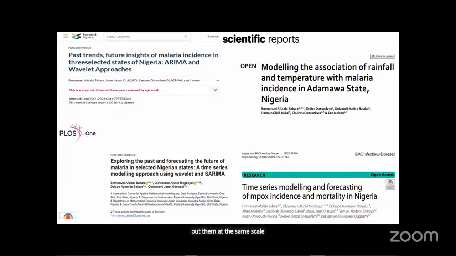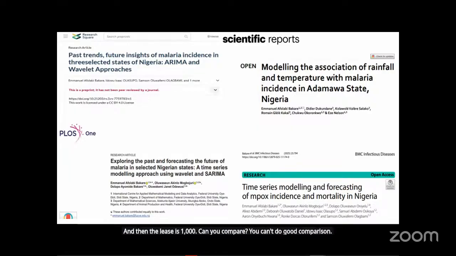So if I have Lagos State, and in Lagos State the peak is 1,000, the normal number of cases, 1,000. And then the trough, that is the least value, is maybe 10. And then I have Ogun State, the top is 10,000, and then the least is 1,000. Can you compare? You can't do a good comparison.